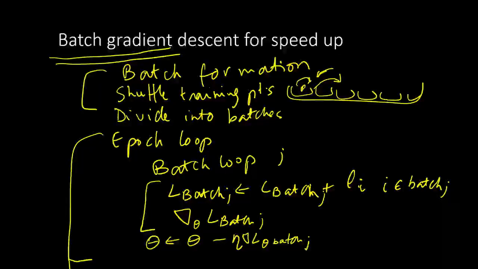We don't have to wait until the end of the epoch to get an update. And the randomization comes from the batch creation itself, because of which what may be the minimum for one batch will not be the minimum for the next batch, but overall for all the batches taken together, we should be able to escape local minima, and we should be able to find the global minima based on this stochastic behavior.